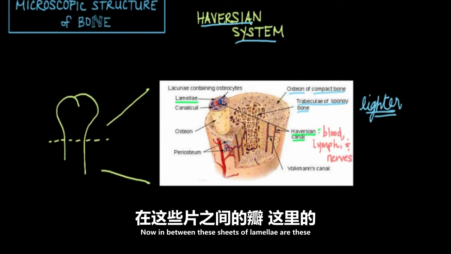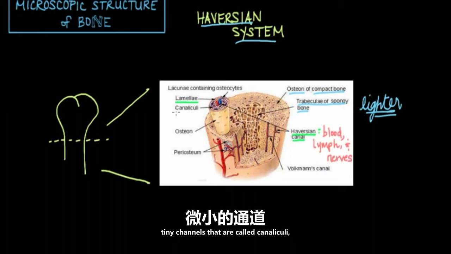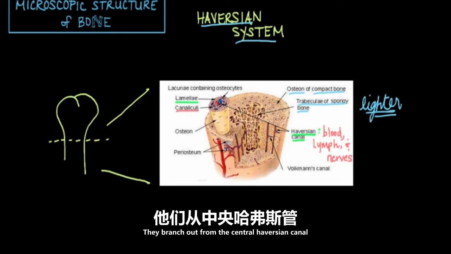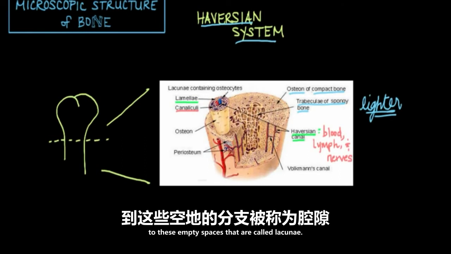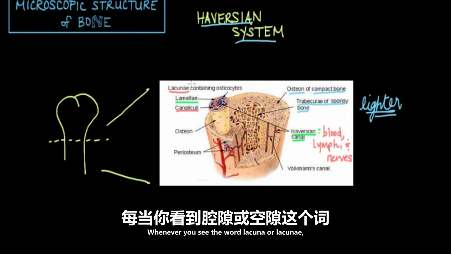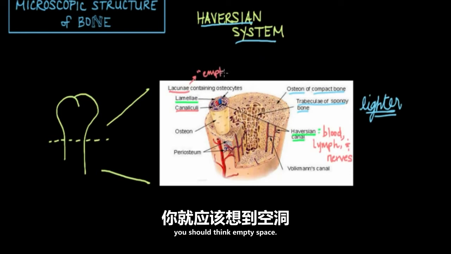Now, in between these sheets of lamellae are these tiny channels called canaliculi, which you can kind of see here. They branch out from the central Haversian canal to these empty spaces that are called lacunae. And whenever you see the word lacuna or lacunae, you should think empty space.